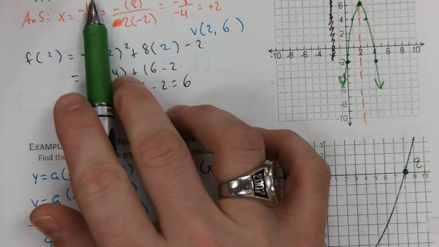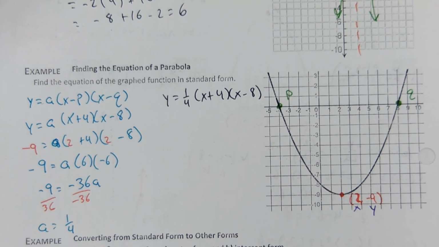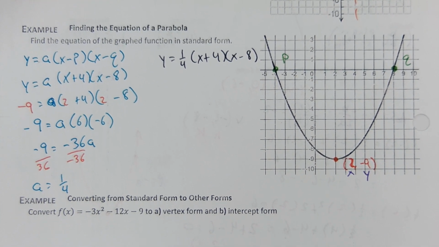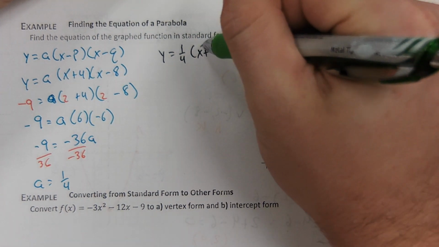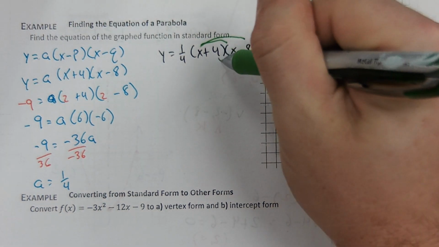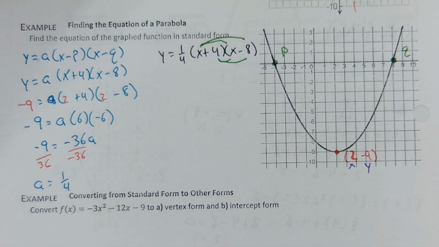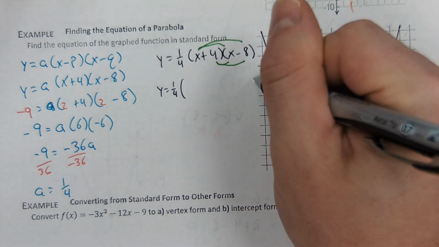How am I going to simplify? Yeah. So we're going to use distribution. We'll distribute the x to two things, and we'll distribute the 4 to two things. The 1/4, we'll do that last.